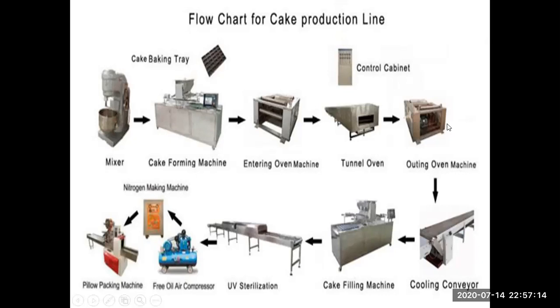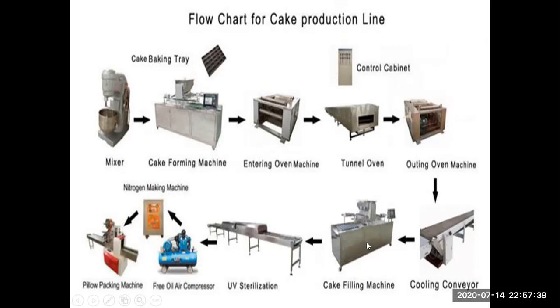Then the cakes go outside through a conveyor belt, and on that conveyor belt they are cooled down. Then there are cake filling machines. If it is only a muffin or a simple sponge cake, this machine is not needed.